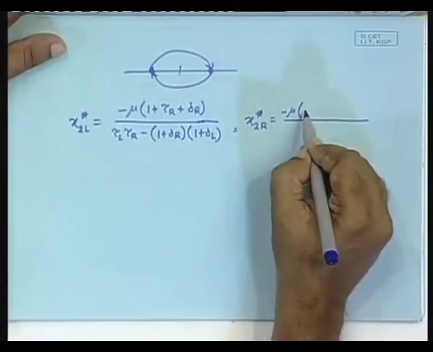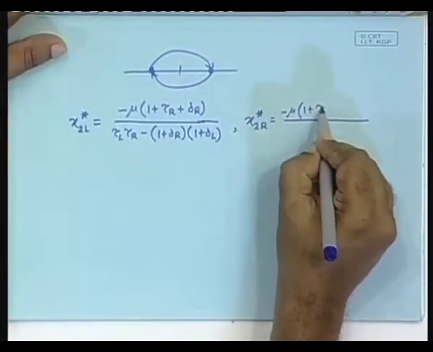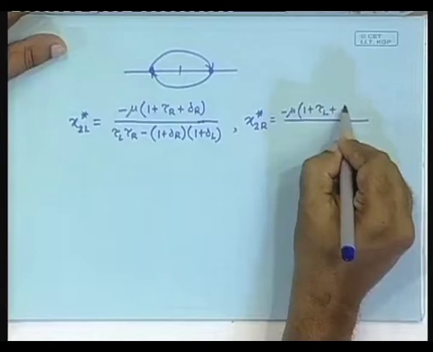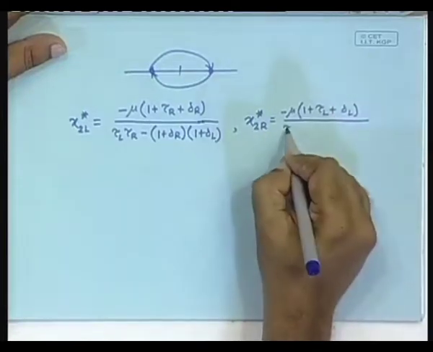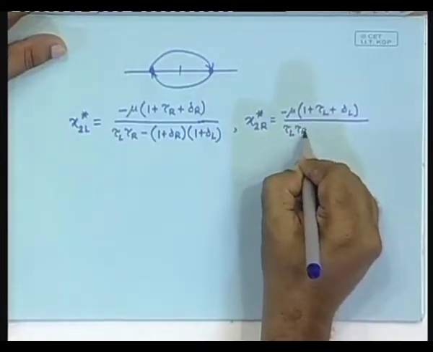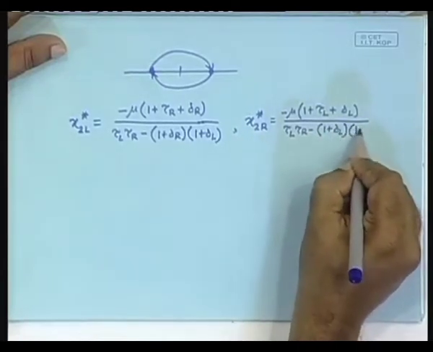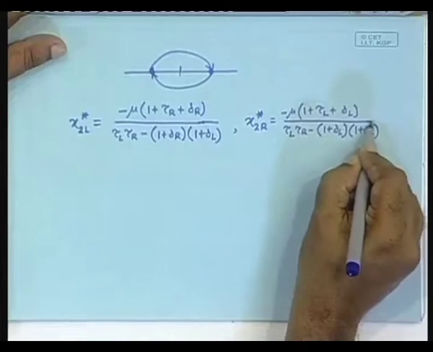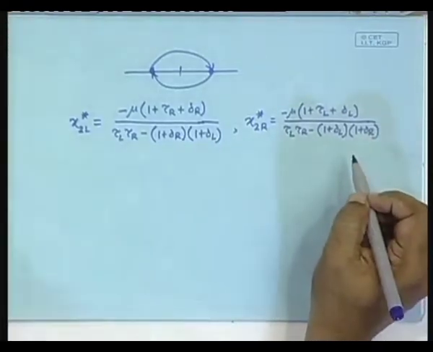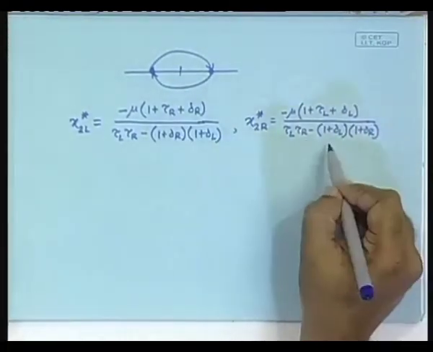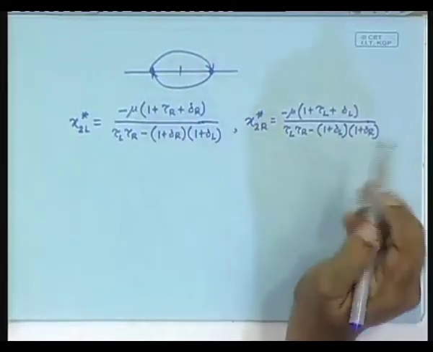So, I can blindly write 1 plus tau L plus delta L tau L tau r minus 1 plus delta L, okay. The denominators are the same, only the numerators are different.